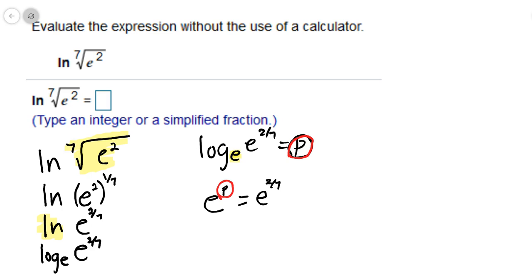What's inside the log is e to the 2/7. So now I can figure out what that power p is. On the left side I've got e to the p, and on the right side I've got e to the 2/7. So that must mean that p is equal to 2/7.